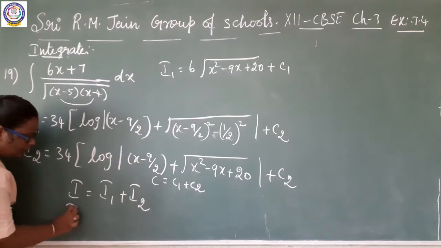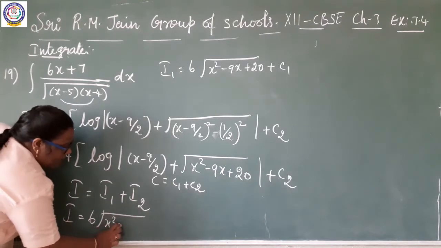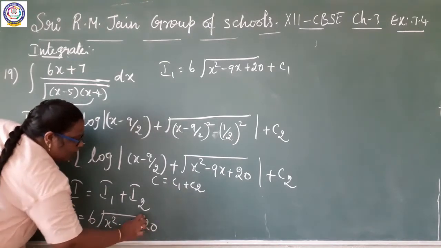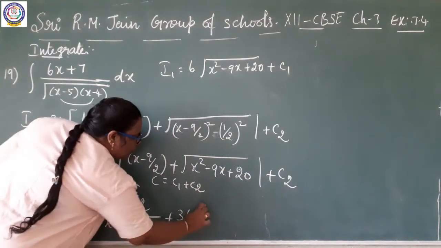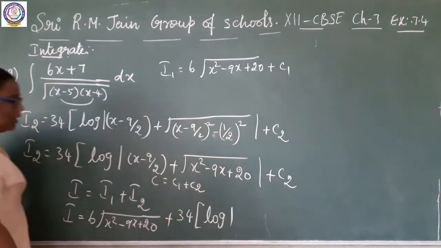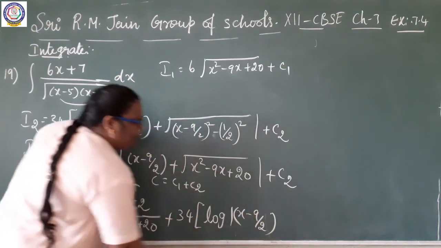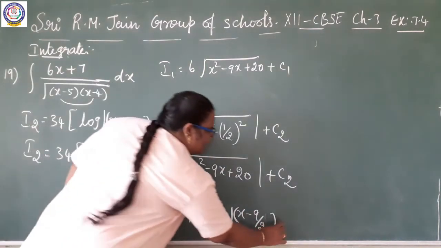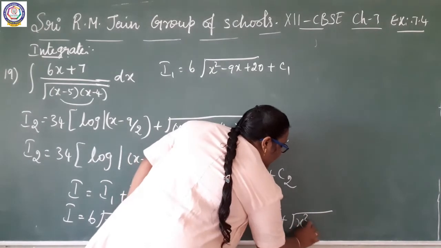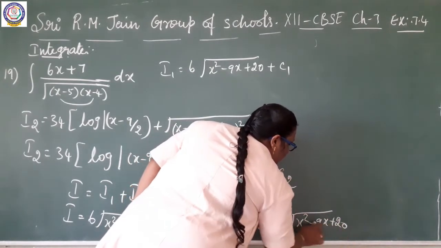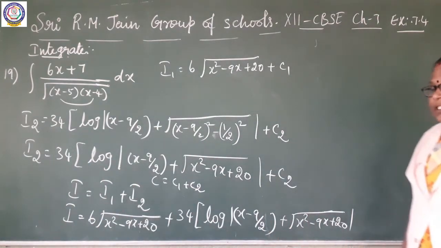So I equal to, what is the value of I1? 6 into root of x square minus 9x plus 20 plus, what is the value of I2? 34 into log of modulus of x minus 9 by 2 plus root of x square minus 9x plus 20, modulus of x square minus 9x plus 20.